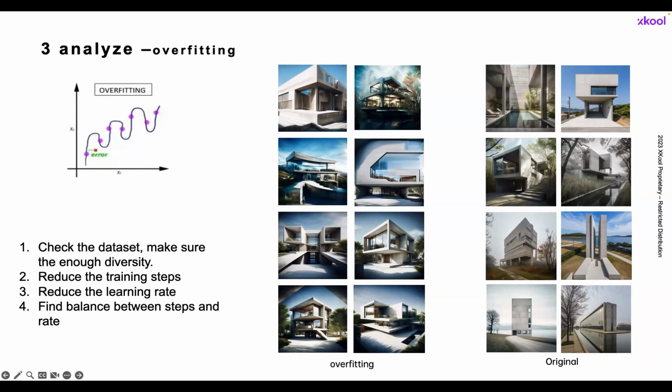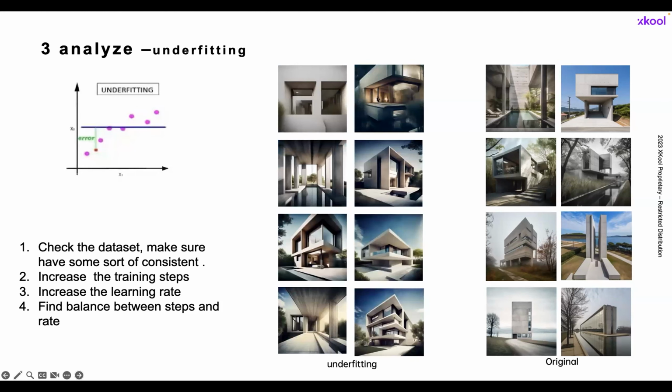You cannot put all the same information or all the same image into a model without overfitting. The second is reducing the training steps. Sometimes it works, sometimes not. It really depends on your data set. And the third is to reduce the learning rate, or even try to change the numbers between the steps and the learning rates to find the sweet spot.